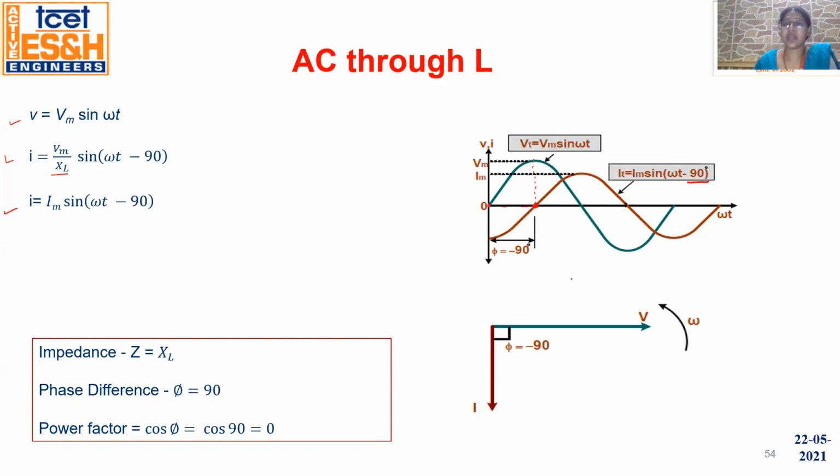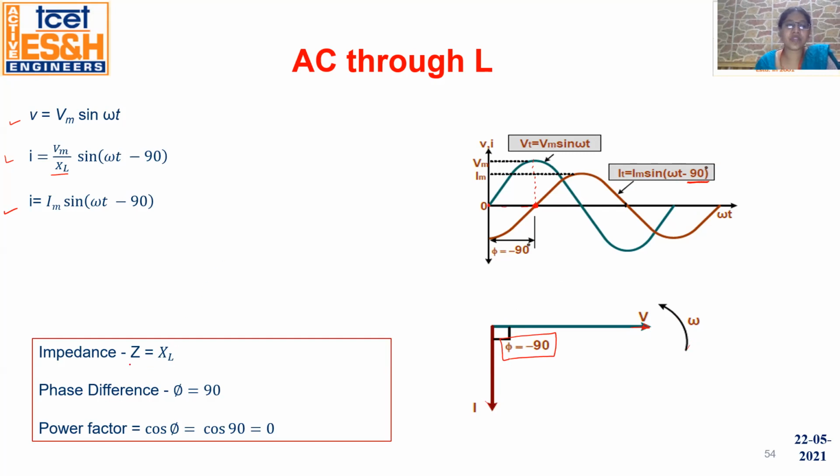And this is the phasor representation of the inductor: take V as the reference, and the current just lags behind by 90 degrees. Their rotating speed is represented by omega.